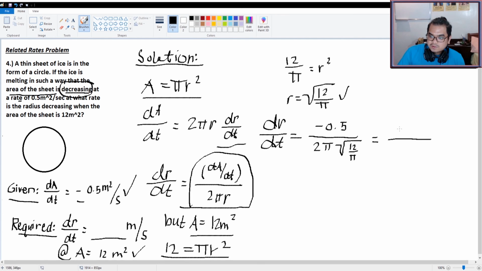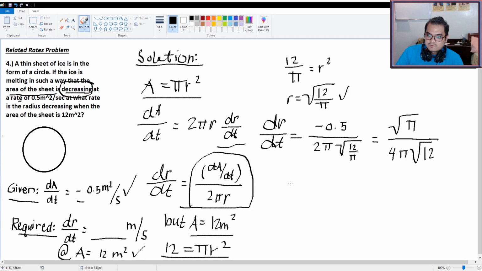Square root of pi will go up, and 0.5 is also 1 half, so that's 2 over 2. So you'll have 4 pi square root of 12. The square root of 12 is equal to 4 times 3, so you will be able to bring out 4 again.